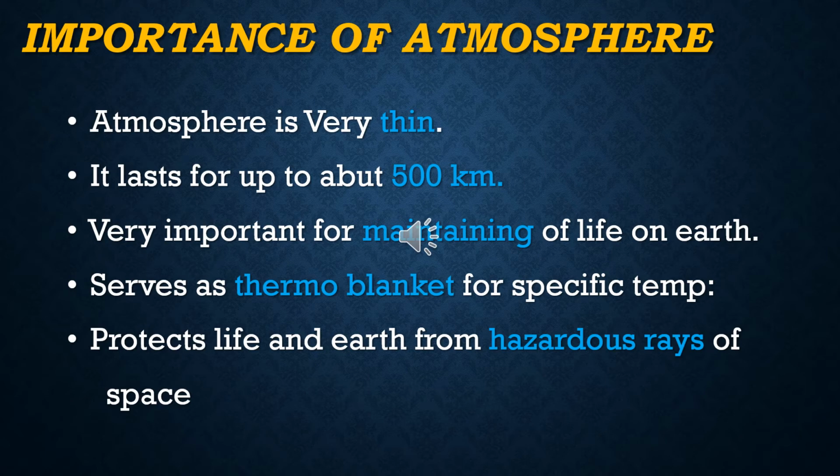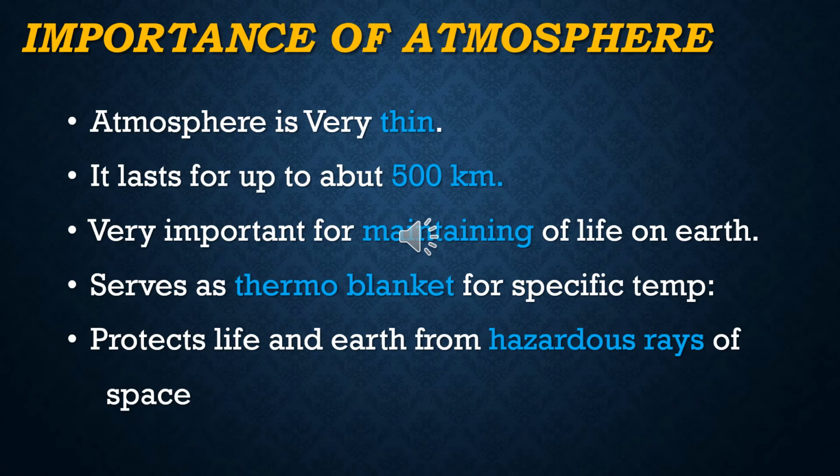So atmosphere plays a very important role in the maintaining of life. It serves as a thermal blanket for a specific temperature. It means this maintains a specific temperature for the organisms which are present on the Earth. It gives a specific heat, a specific temperature, to the organisms living on the Earth.